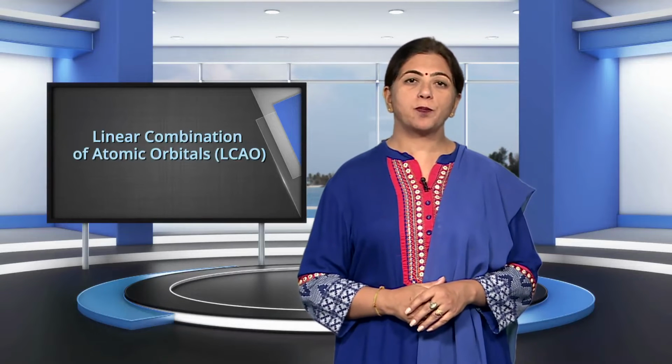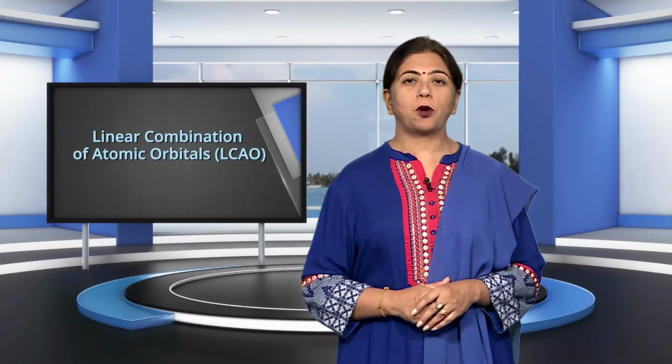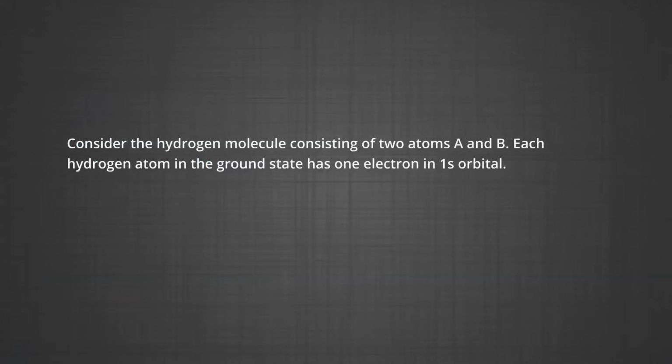Let us apply this method to the homonuclear diatomic hydrogen molecule. Consider the hydrogen molecule consisting of two atoms A and B. Each hydrogen atom in the ground state has one electron in 1s orbital.